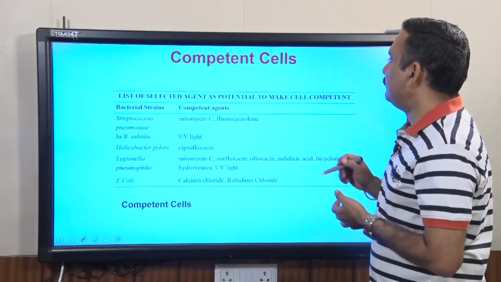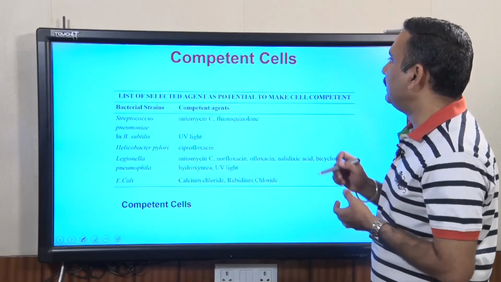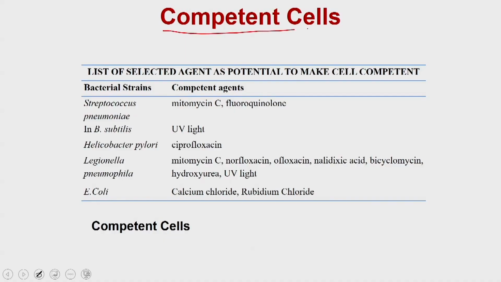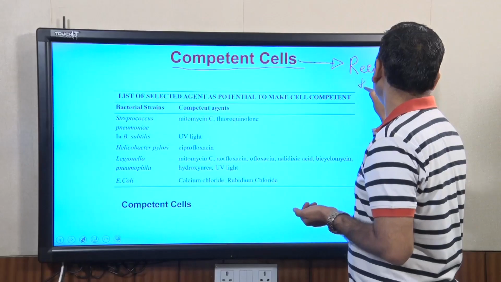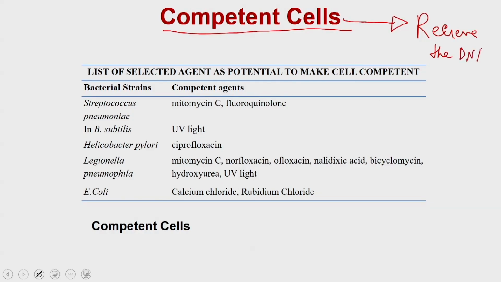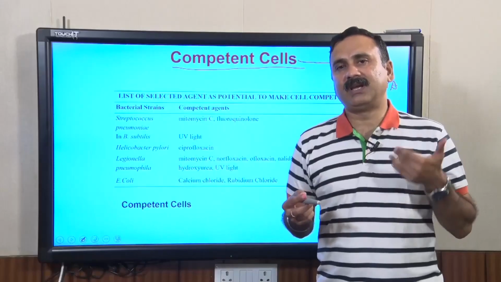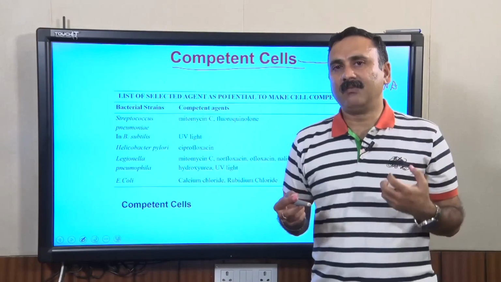Now, as we discussed in the past, you have to prepare the competent recipient cell. What is meant by a competent recipient cell is the cell which is ready to receive the DNA, and this is always done by treating the bacterial cell with different types of agents. These agents could be chemical agents or physical processes.